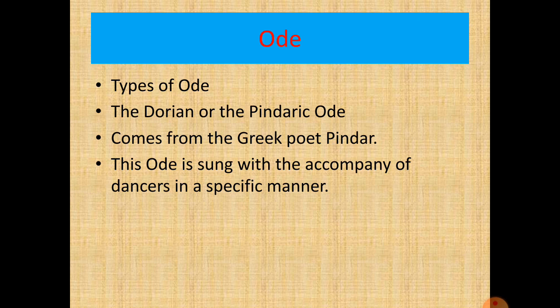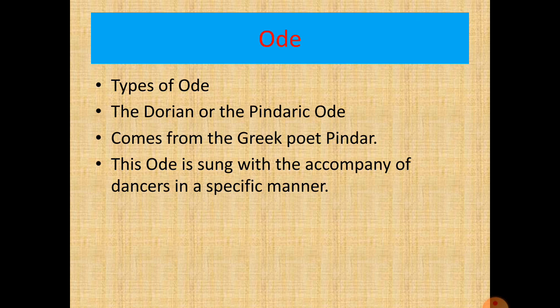The Pindaric ode comes from the Greek poet Pindar. From his name this Pindaric ode comes to exist. This ode was originally chanted to the movement of the dance in a specific manner. So the particular manner is very important for dancing in this movement.